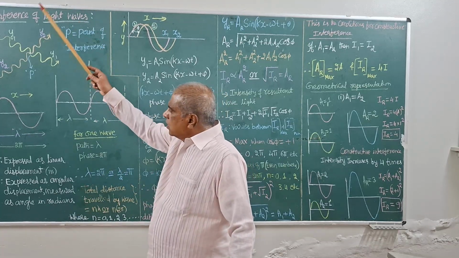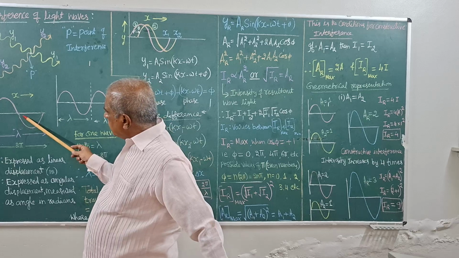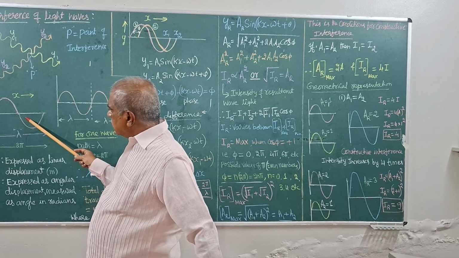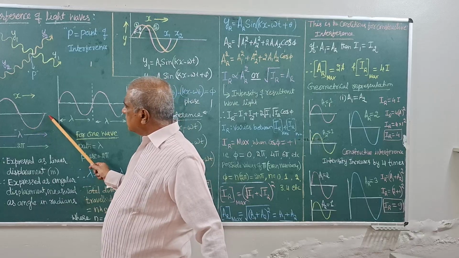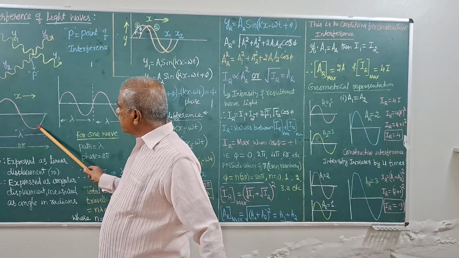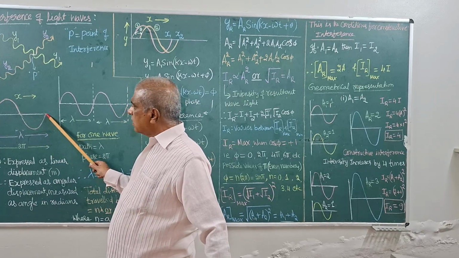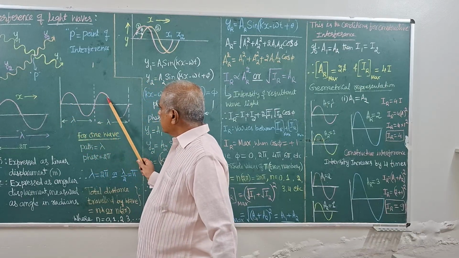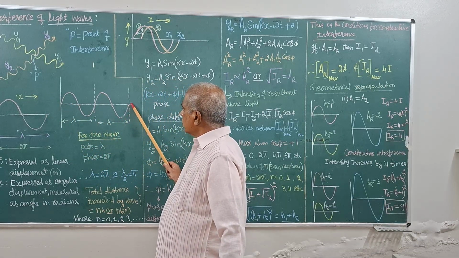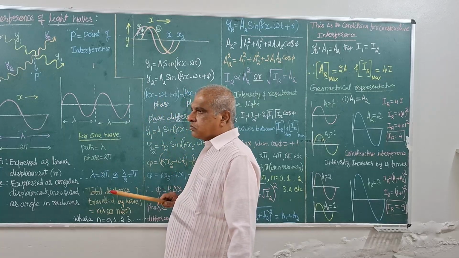In this wave representation, the propagation of the wave along the x-axis is seen as multiples of this unit, that is one wave, one cycle. So one wave, and further traveling like this, another wave, one more wave like this.